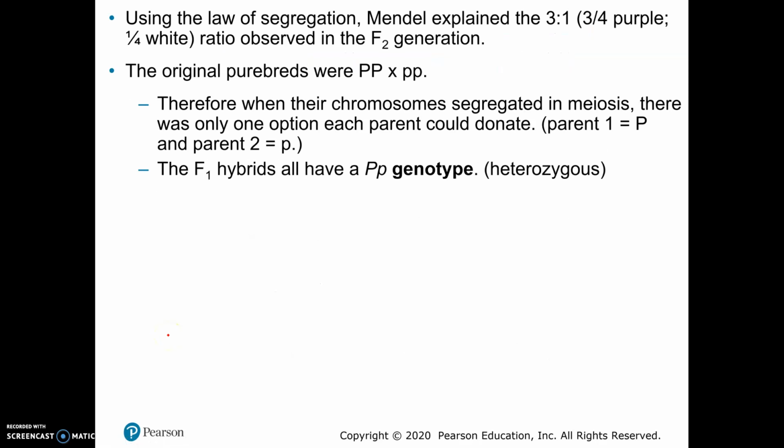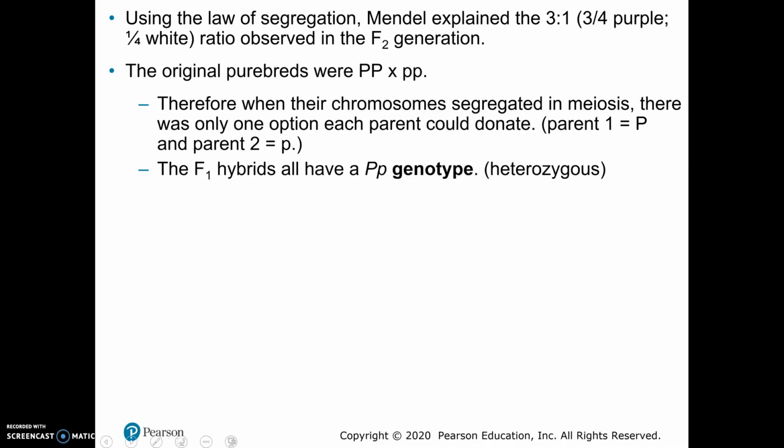All right, and that brings us to how Mendel explained the 3-to-1 ratio. How come in the F2, the children of the children, how come they came out 3/4 showing the dominant trait and 1/4 with the recessive trait? And so that comes from this principle of segregation. So let me show you. So the original parents were big P and little p, right?